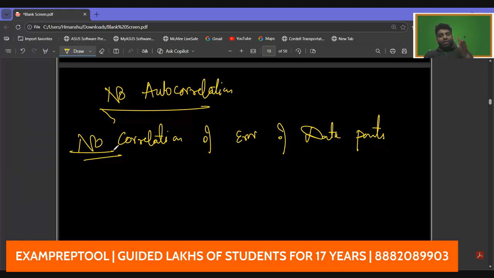Basically, the error for each data point should be completely independent of each other. One error should not determine or dictate the error in another. That's what we mean: no correlation of error between the data points, that means no autocorrelation. That was our last assumption with respect to linear regression.